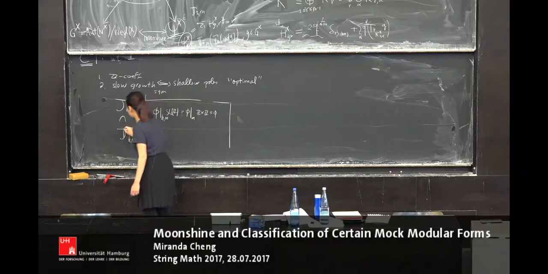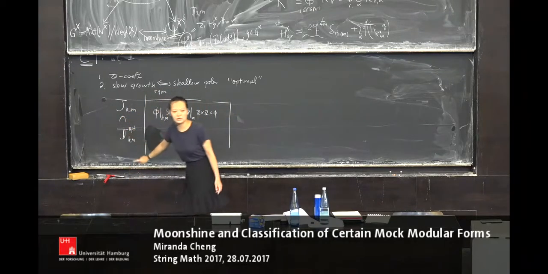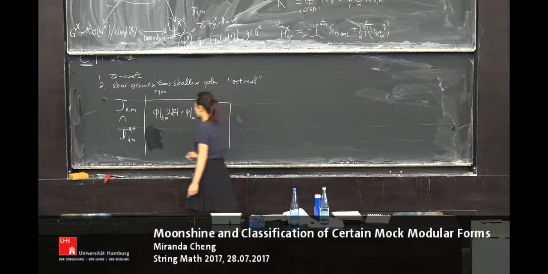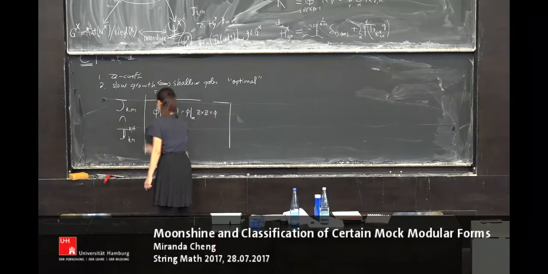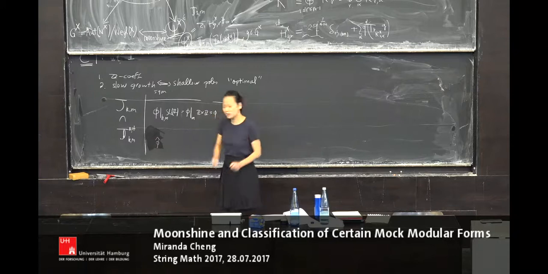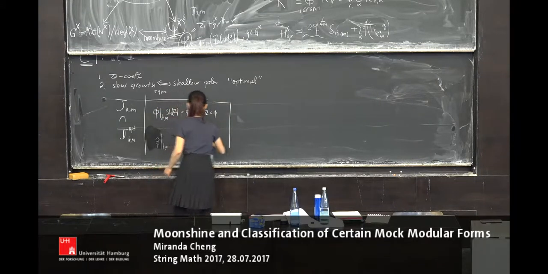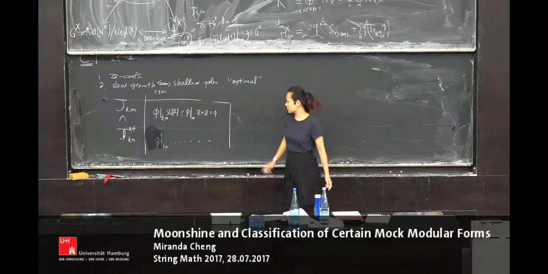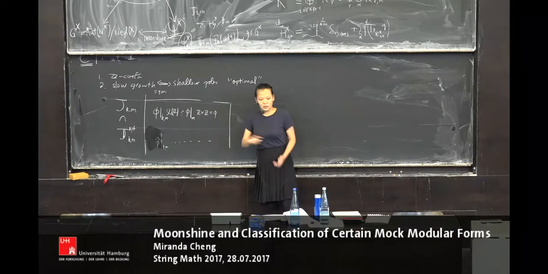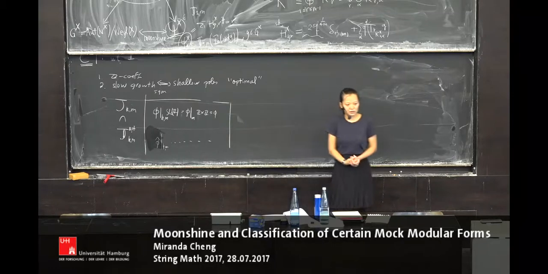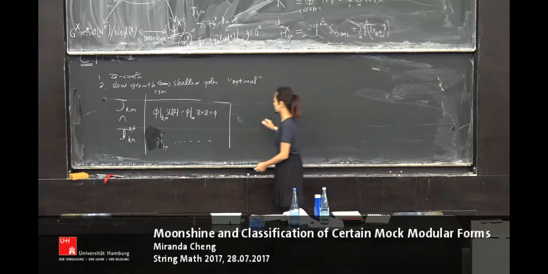And when you put a bar here and go to the Mock world, this is much more lenient. You just have to find some correction, G star, such that the combined thing is invariant. And this is clearly a special case of this, because you can just put the correction to 0.